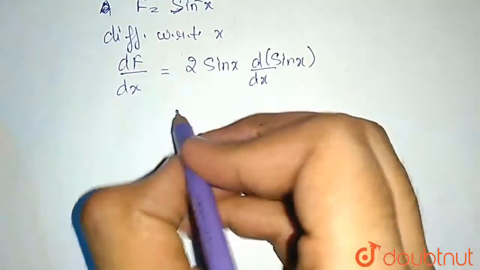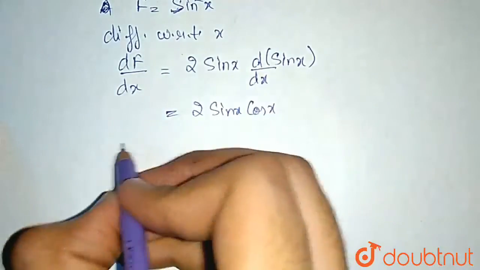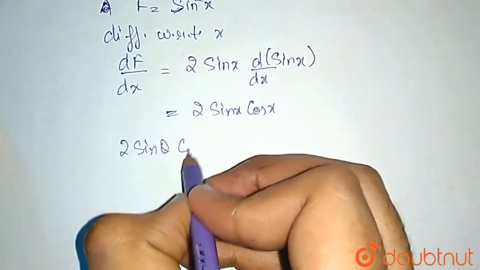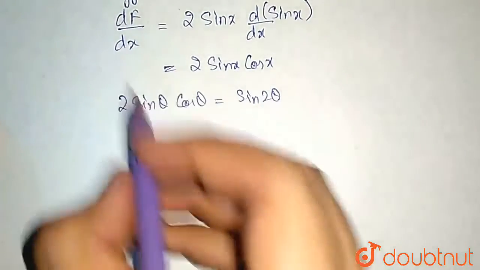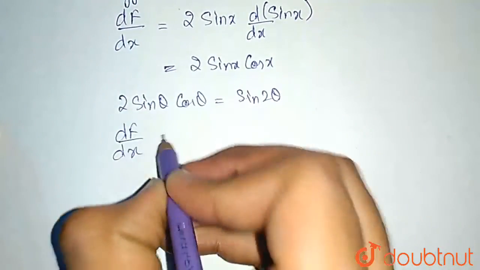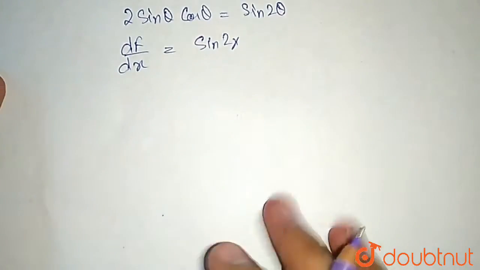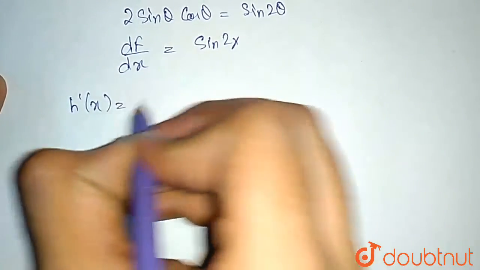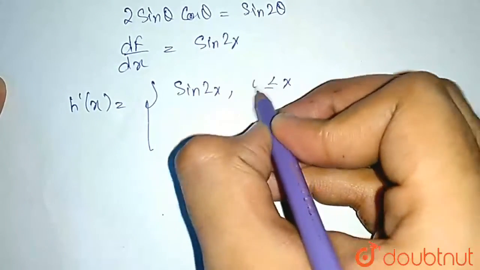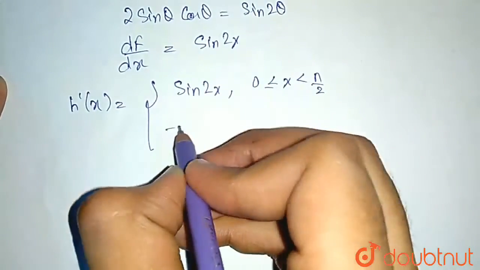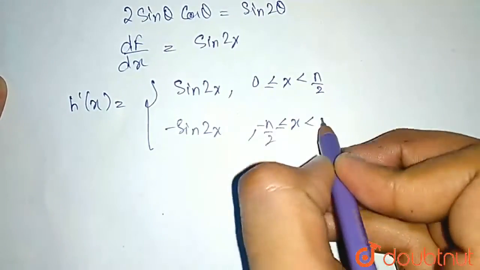The differentiation of sin x with respect to x is cos x. Now we know 2 sin theta cos theta is equal to sin 2 theta. So the derivative is 2 sin x cos x, which is sin 2x. So we have h dash x equal to positive sin 2x for x greater than or equal to 0 and less than pi by 2, and negative of sin 2x for x greater than or equal to minus pi by 2 but less than 0.